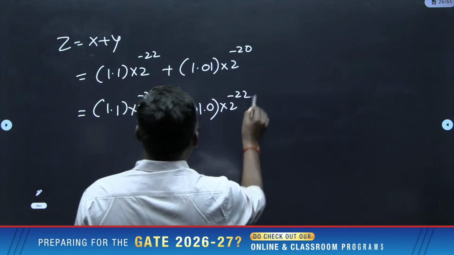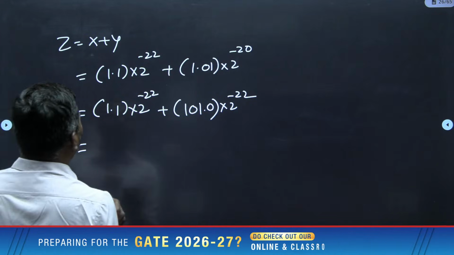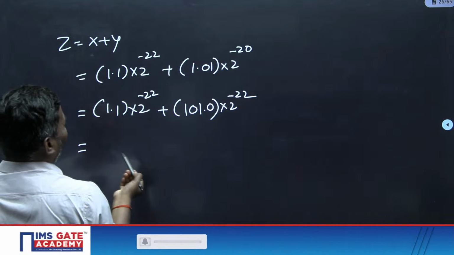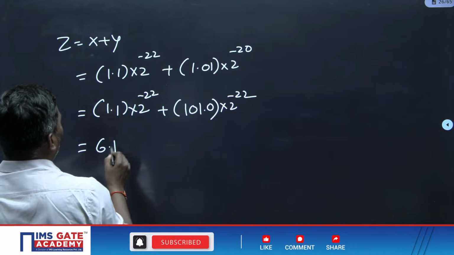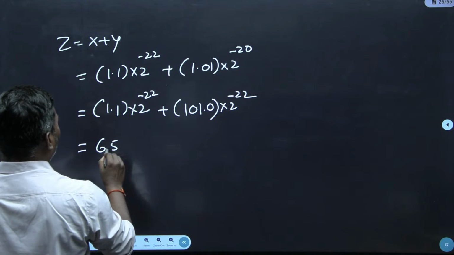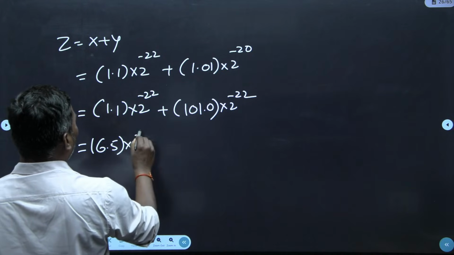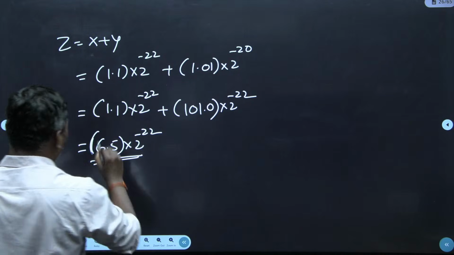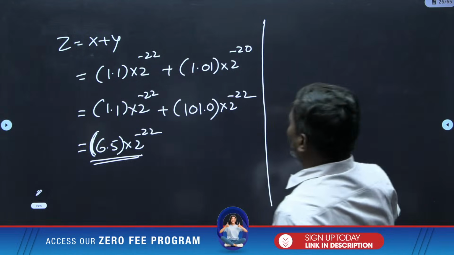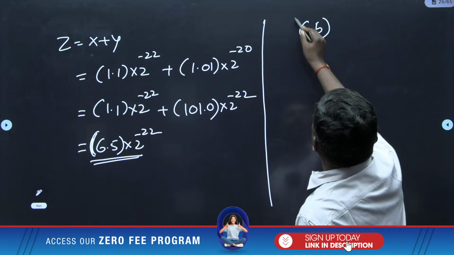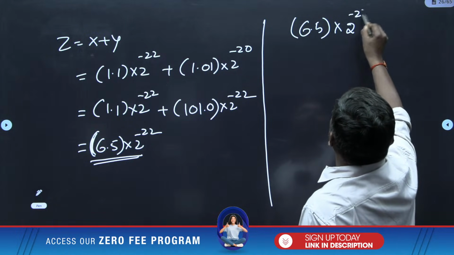So minus 22 comes. We have to add 1.1 and 5.0, so 6.5 times 2 to the power of minus 22. This you have to represent.